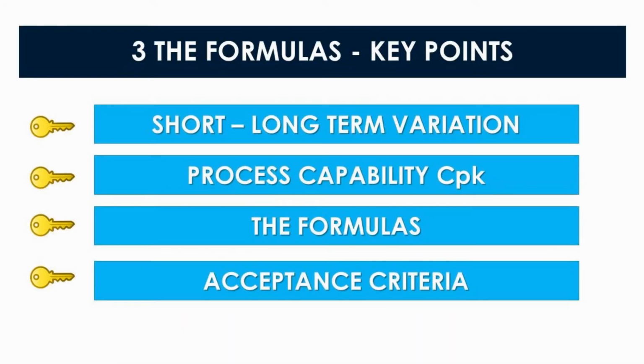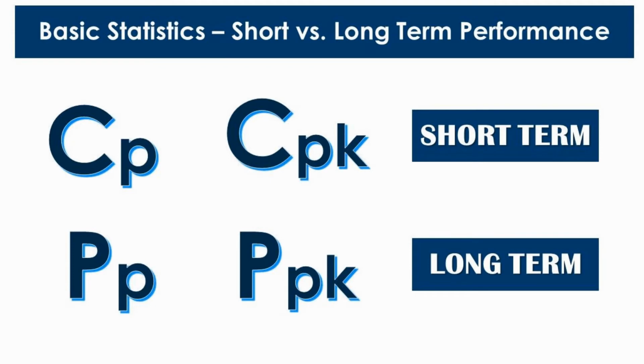Key points that we are going to review: first, we need to understand what the short and long-term variation is. We are going to review the formulas for CPK and CP and the acceptance criteria.